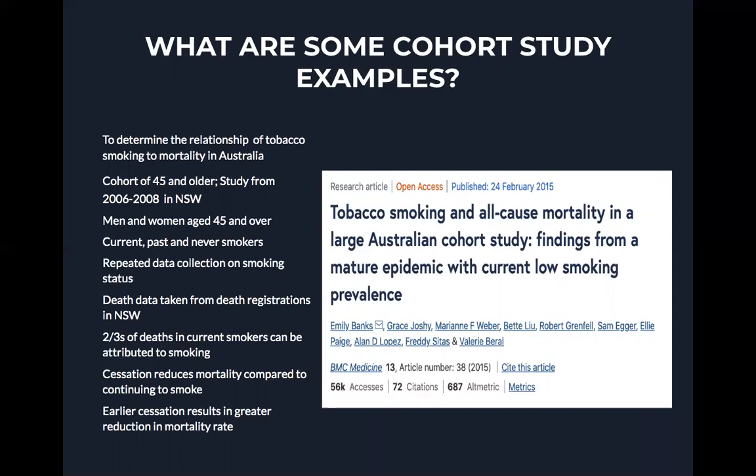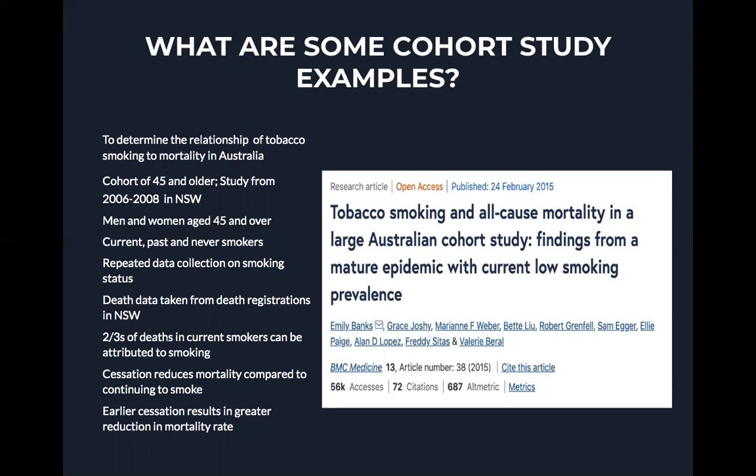The cohort included current and past smokers and people that have never smoked before. The researchers in this study performed repeated data collection on smoking status using questionnaires that were sent out to the participants. And then they took the death data from death registrations in New South Wales, which was available for access to the researchers here.